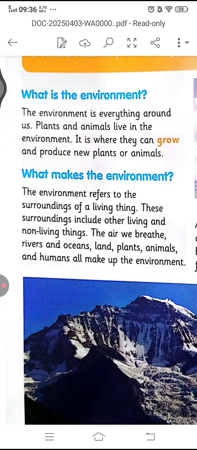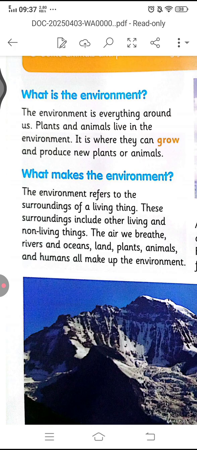These surroundings include other living and non-living things. The air we breathe. Why? Because living things require oxygen or air for respiration. The air we breathe, rivers and oceans, land, plants, animals and humans all make up our environment.